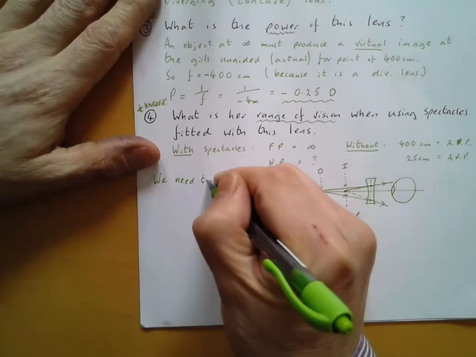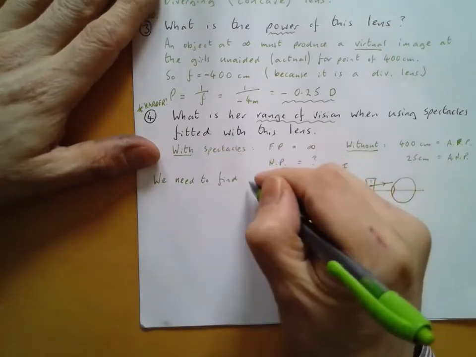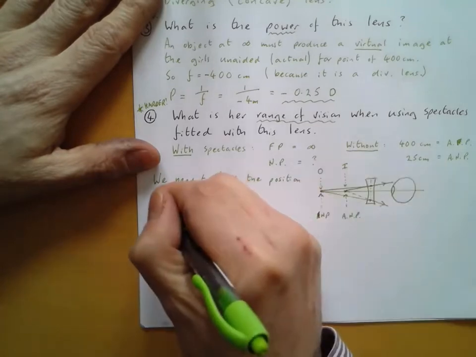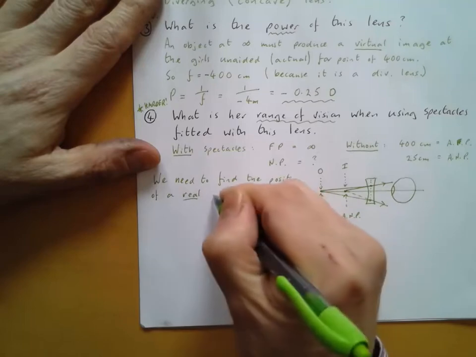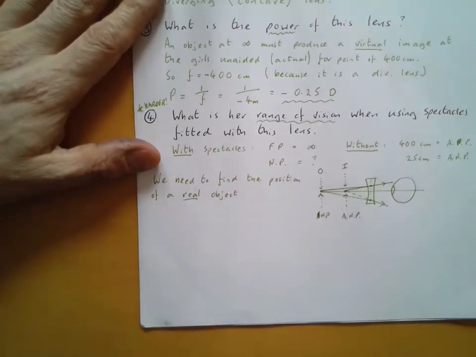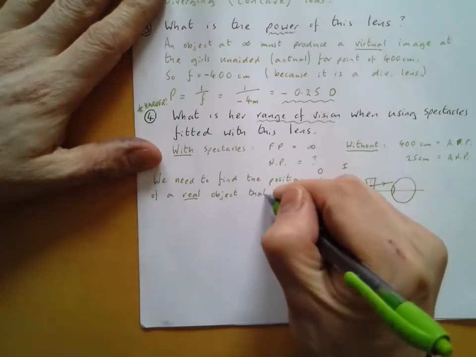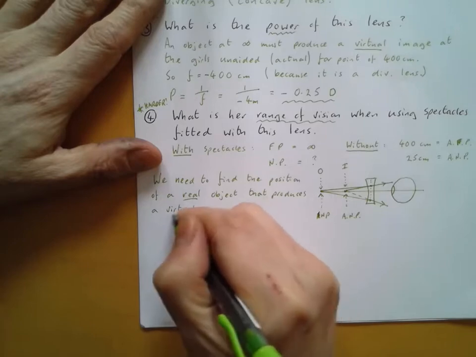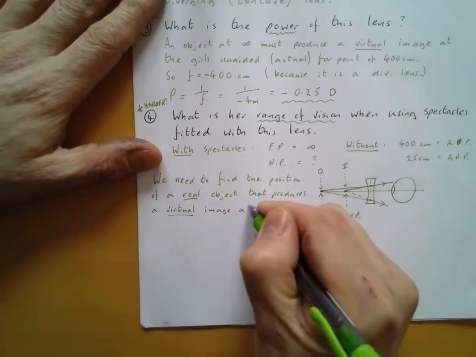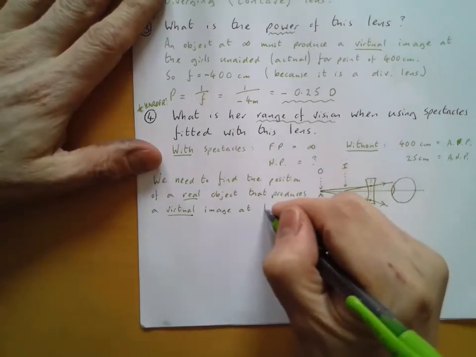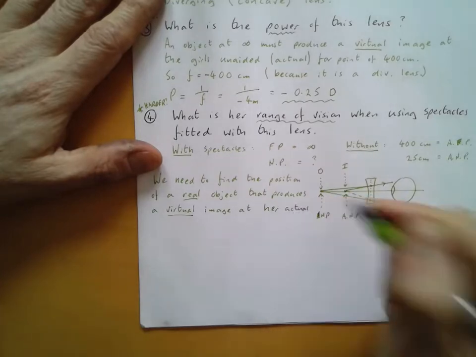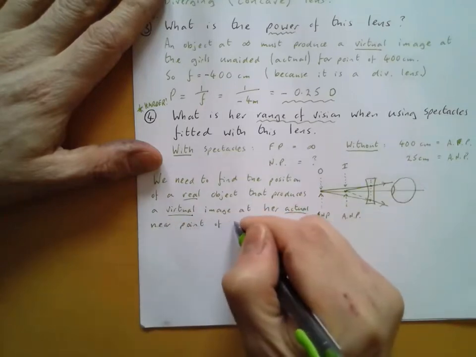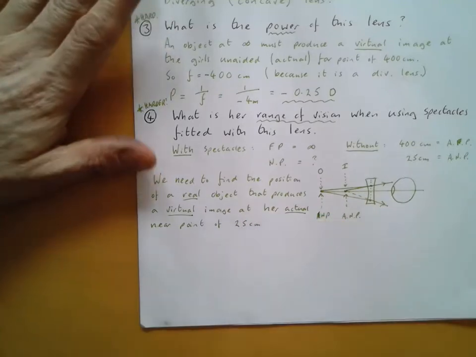So we need, I'm going to write that down, we need to find the position of a real object that produces a virtual image at the girl's actual unaided near point, which is 25 centimeters.